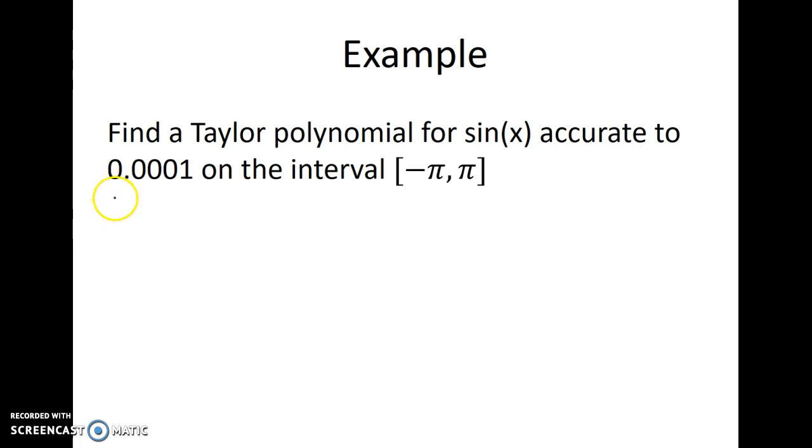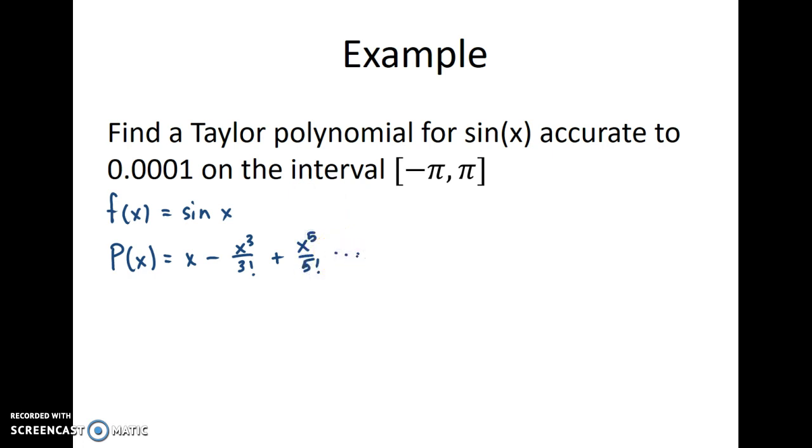So in other words, we have the function sine of x, and we have some Taylor polynomial, which looks like x minus x to the third over 3 factorial, plus x to the fifth over 5 factorial, etc. It's the odd one.